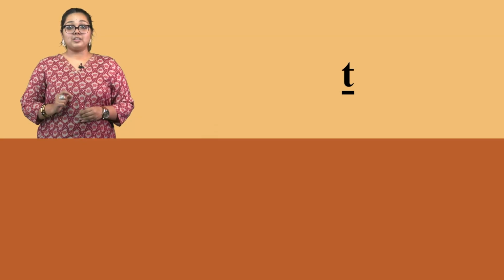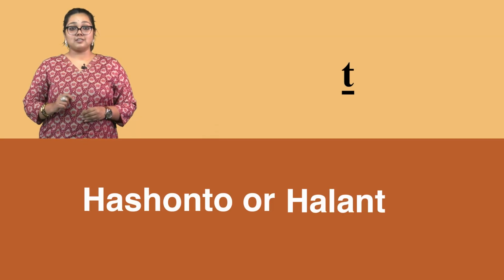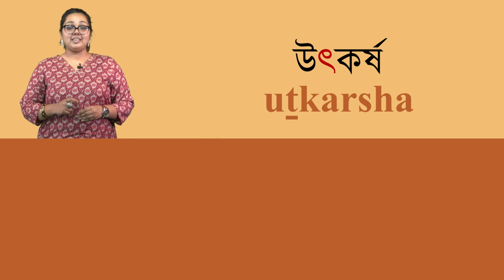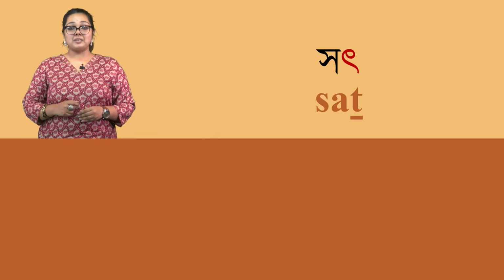It is pronounced as ta with hoshanto or halant. It can occur word medially, such as in utkarsho, meaning excellence, and finally as in shot, meaning honest. It cannot occur word initially. It always requires the support of another vowel to get pronounced.